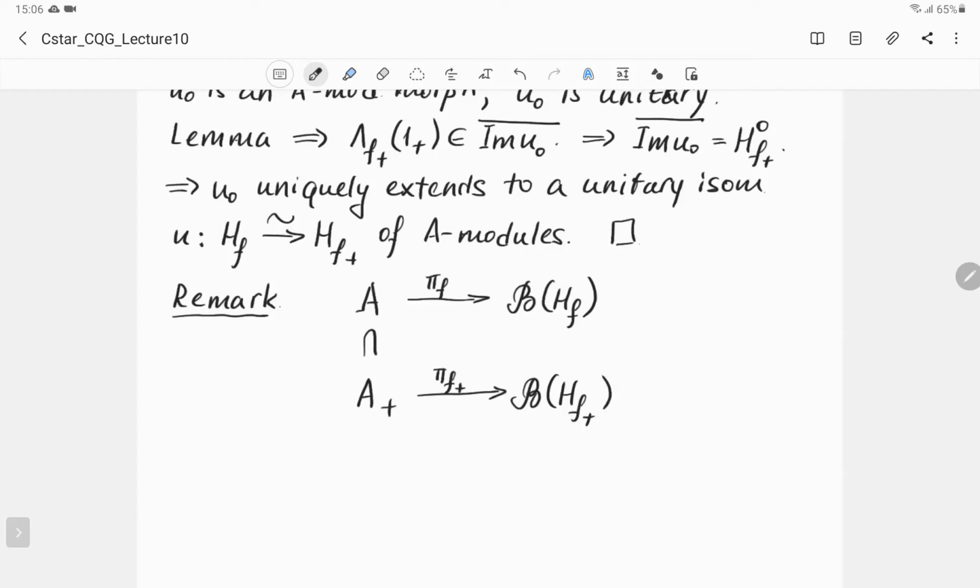And now the unitary isomorphism U implements an isometric star isomorphism between these two algebras, which is usually denoted like this, Ad of U, given by the following formula. It takes each operator T on HF to the following operator on HF plus.